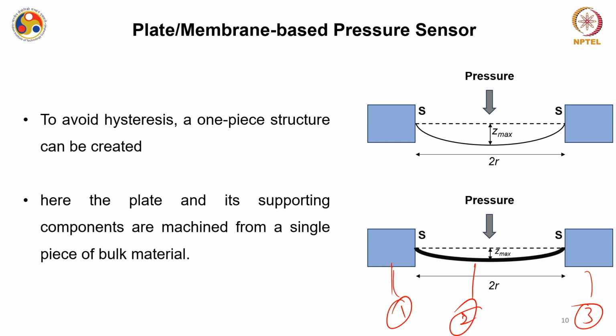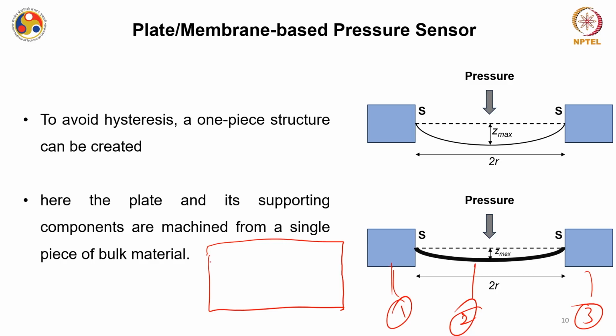They are extruded from the same metal, or machined from a single piece of bulk material, very similar to, say, if I am making a very sensitive plate based pressure sensor using, for example, platinum. What I will do is I will take a block of platinum and I will machine out something like this kind of structure.